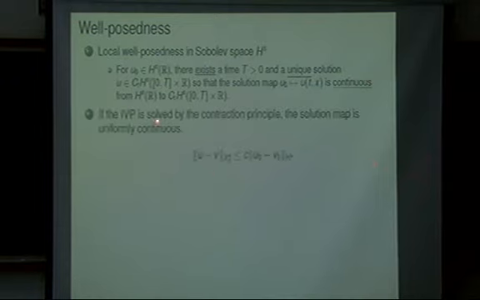And for such a local well-posedness problem, I think we have only two general methods to solve the problem. One is the contraction mapping argument, and the other is the compactness argument. So the contraction mapping argument is like a fixed point argument, like a Picard iteration.